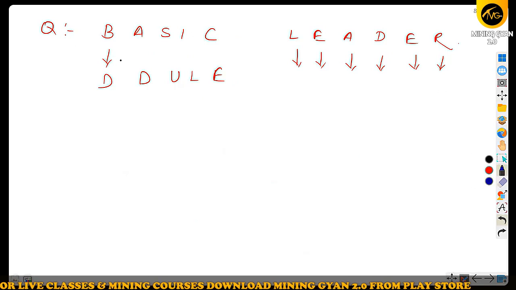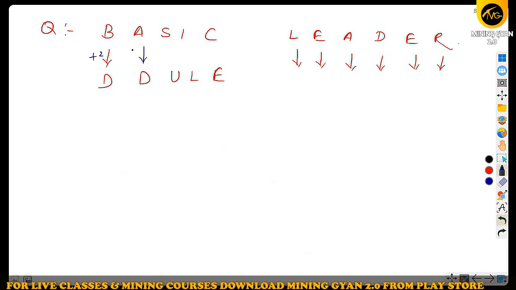Now we have to find out the gap between B and D, A and D, S and U, I and L, and C and E. B, C, D: the gap between B and D will be plus 2. A, B, C, D: the gap between A and D is 3.